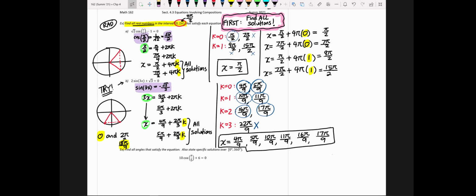Isolate the trig function, find solutions for the input in one cycle of our function, add period times k to each solution, then isolate x. Once you get all solutions for x, then you can plug in the k values to find specified solutions for x. Okay, are there any questions before we move forward?